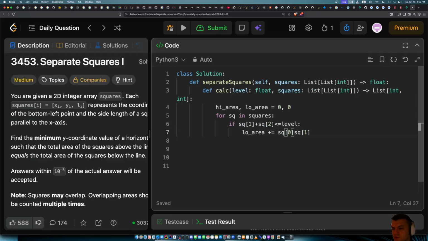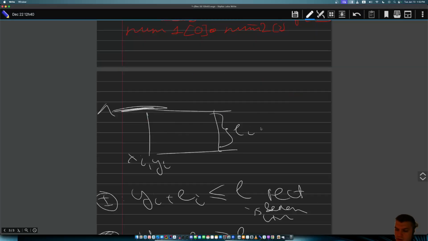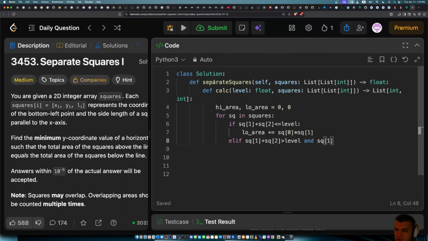If square 1 plus square 2 is greater than level, and square 1 is less or equal level, then I'm gonna update the low area and the high area.